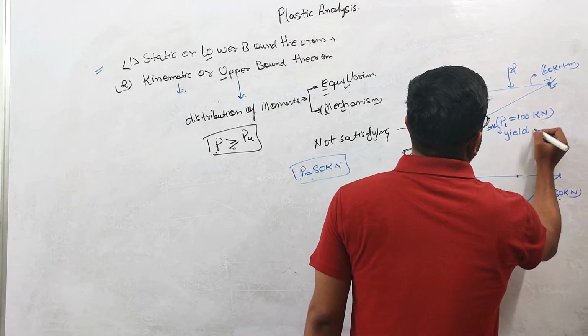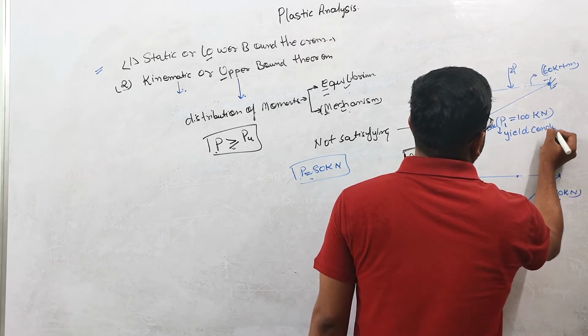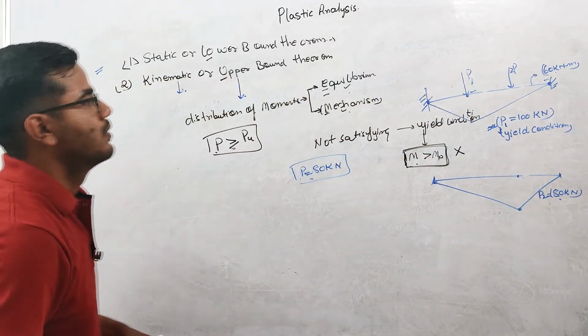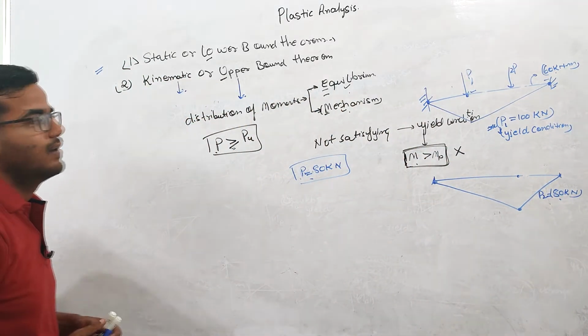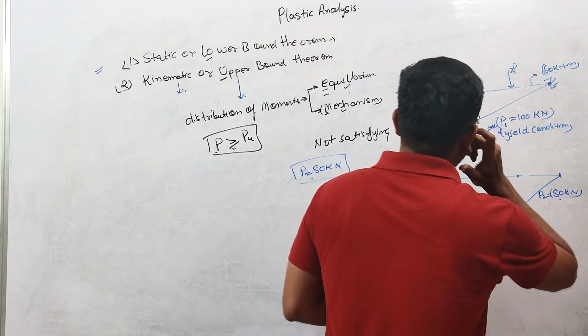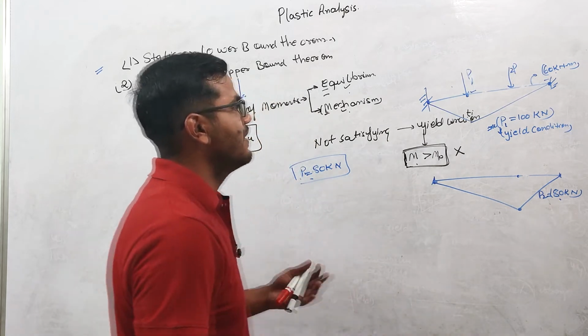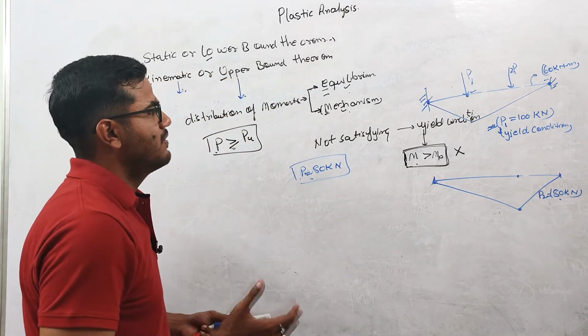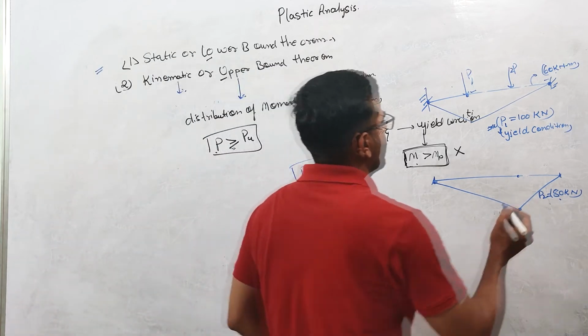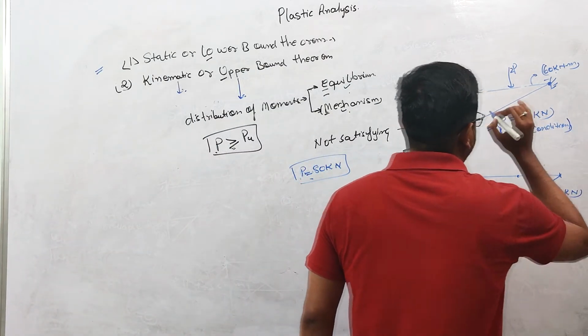This thing will not satisfy the yield condition. So that we need to check, whether it is satisfying the yield condition or not. If it is not satisfying the yield condition, that means you have provided more load.